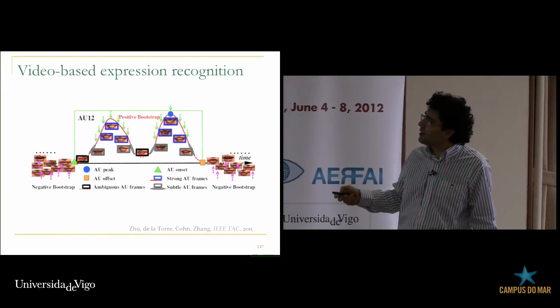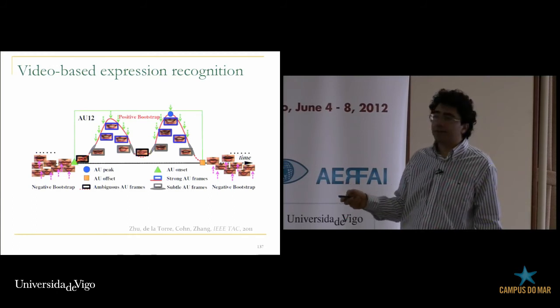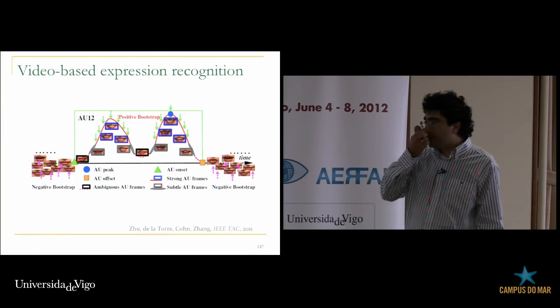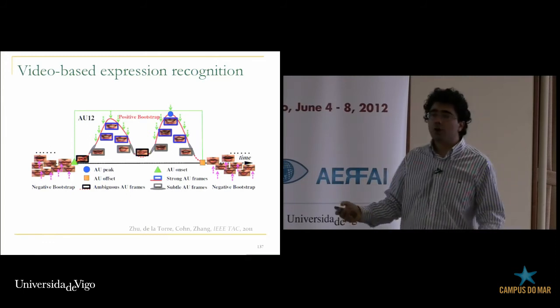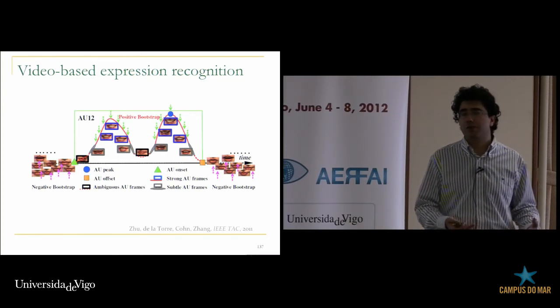They discarded the neutral-looking frames, and then they took distant frames as the negative examples. So what they did was they used the temporal dynamics to optimize their training set and improved the expression recognition accuracy.